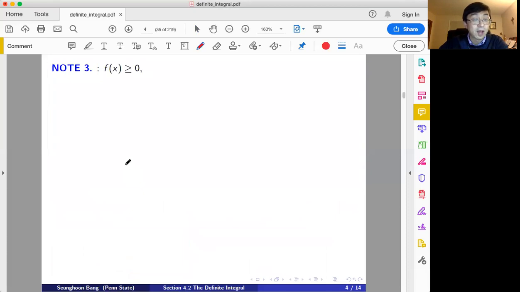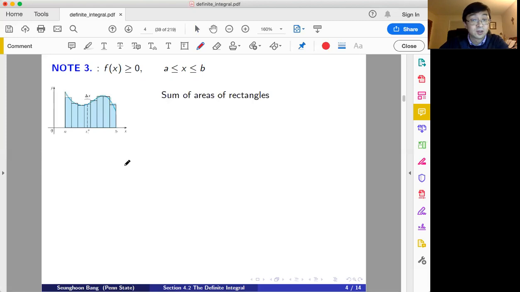Third, f of x is positive for x between a and b. Do you know this one? This is exactly from the last lecture, yesterday's lecture. The sum of the areas of rectangles is a Riemann sum. The summation from i equals 1 to n of f of xi star delta x, where f of xi star delta x is exactly the area of a rectangle.